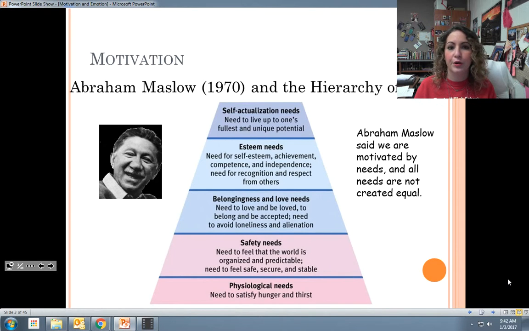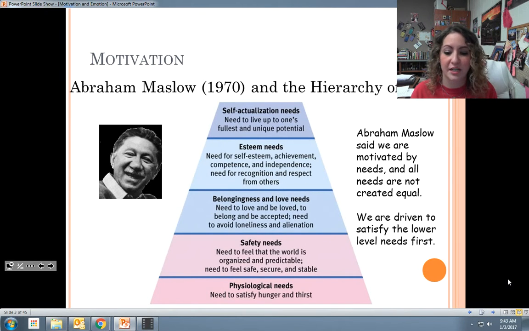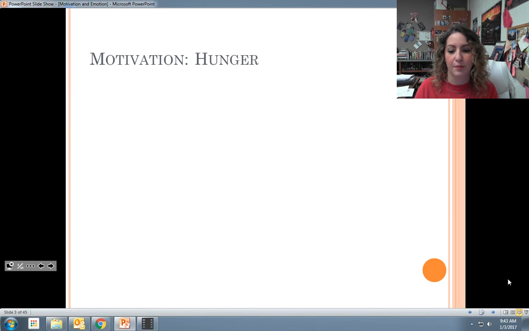People that are homeless are not too worried about how they look and, oh, does so-and-so like me? No, because they need to really fulfill these physiological and safety needs first before they can move on to higher goals. Okay, and we are driven to satisfy the lower level needs first before we move up.